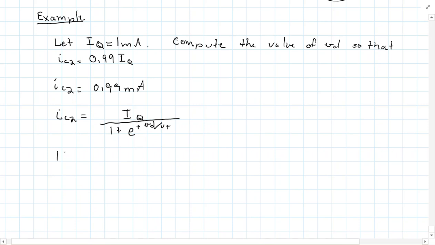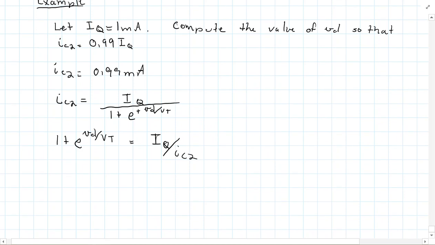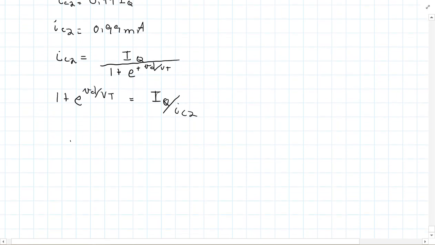So you'd have 1 plus e to the VD over VT is equal to IQ divided by IC2. And so you'd have e to the VD over VT is equal to IQ over IC2 minus 1.